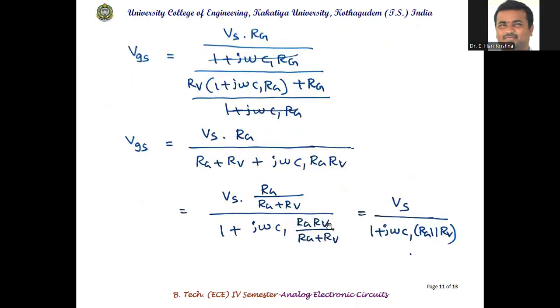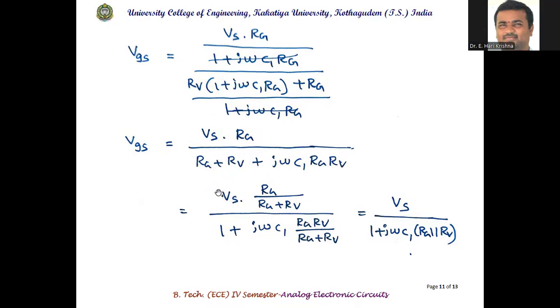Making a substitution, the numerator part and denominator part get cancelled. The remaining equation is VGS equal to Vs into RG, over the denominator RG plus Rs plus j omega C1 RG Rs. We take RG plus Rs common.